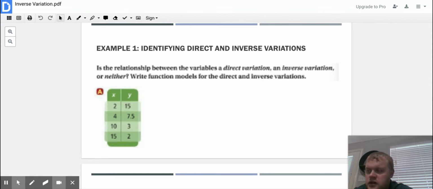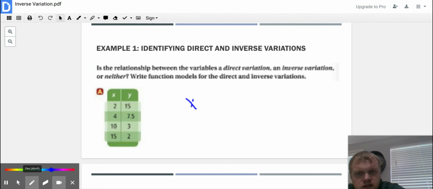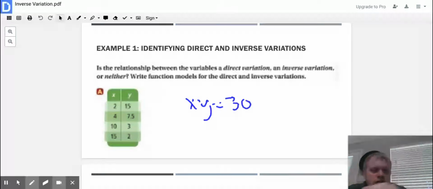Since our constant is 30, we would say that the product of each pair is 30. Knowing that, this would be written as xy equals 30. Again, all we did was multiply the numbers right next to each other: 2 times 15, 4 times 7.5, they all came out to 30.